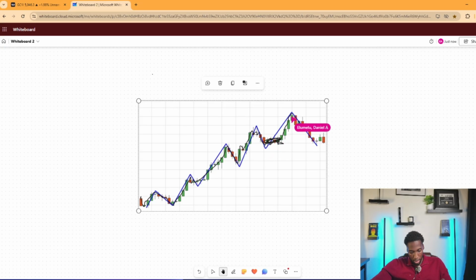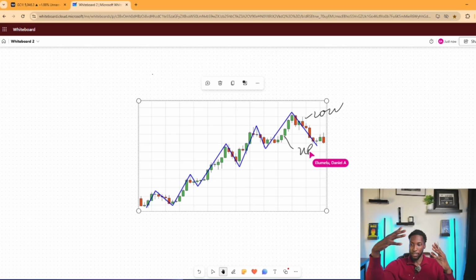Up, up, up, up, low, up, low, so far. I hope I didn't confuse y'all, but every single red candle here means low. Every single blue candle means up. And with the combination of them, you can determine a trend.